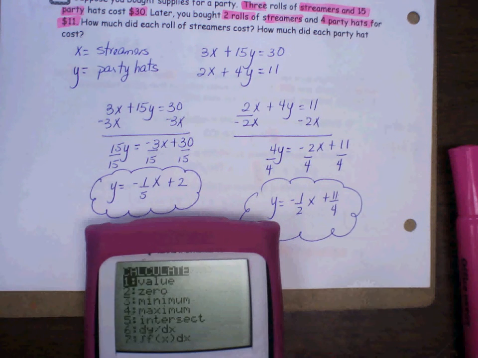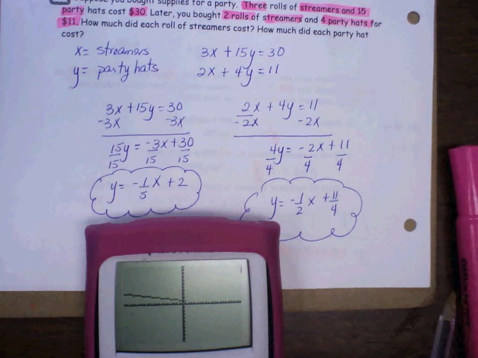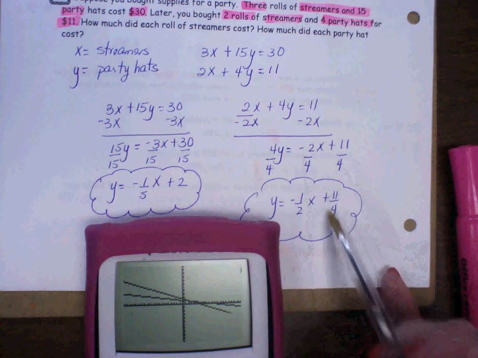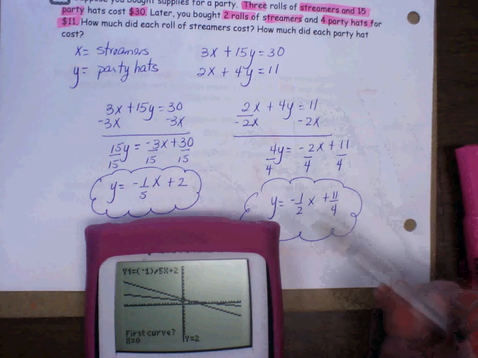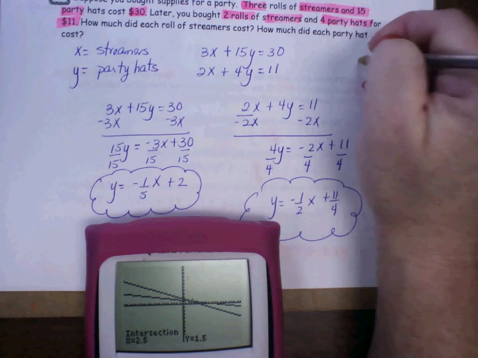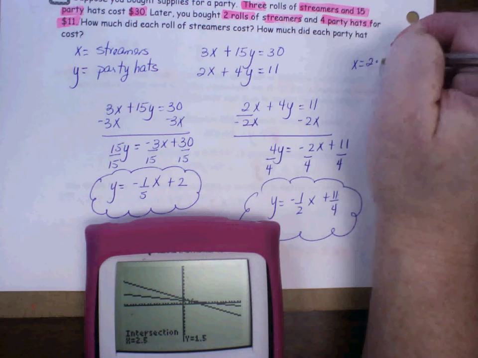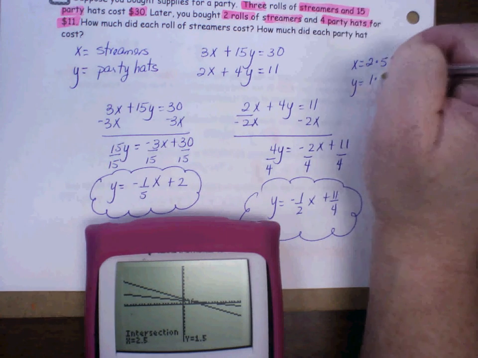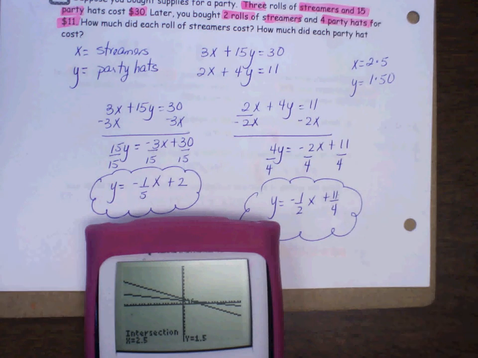And let's calculate the point of intersection. Do I have to change my y-intercepts? No. That's about 3. This is 2. So definitely inside the window of negative 10 and positive 10. X equals 2.5 and y equals. Alright, so talk to me about what this means.